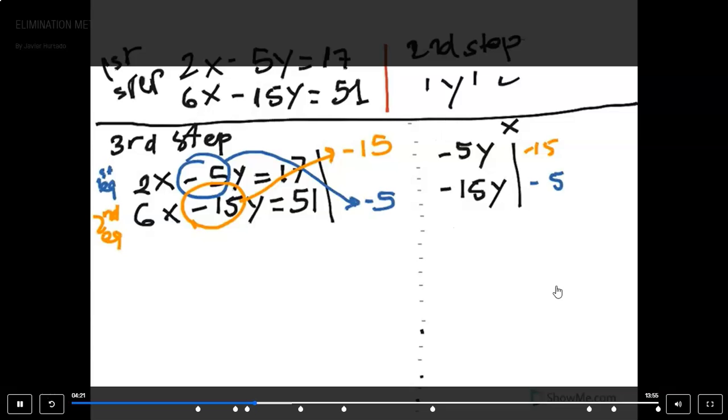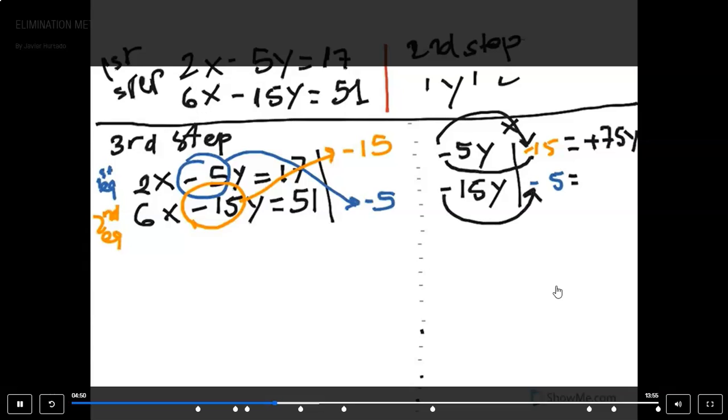So what happens? Let me multiply negative 5 by negative 15. Negative 5y by negative 15 is going to be equal to, negative by negative gives me positive, and 5 by 15 gives me 75y, right? What happens in the second case?